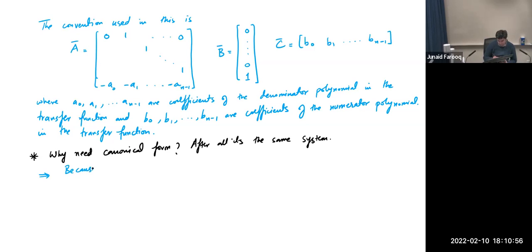So let me write it more formally here. If we have to change the system behavior, we would need to change simply a single row.